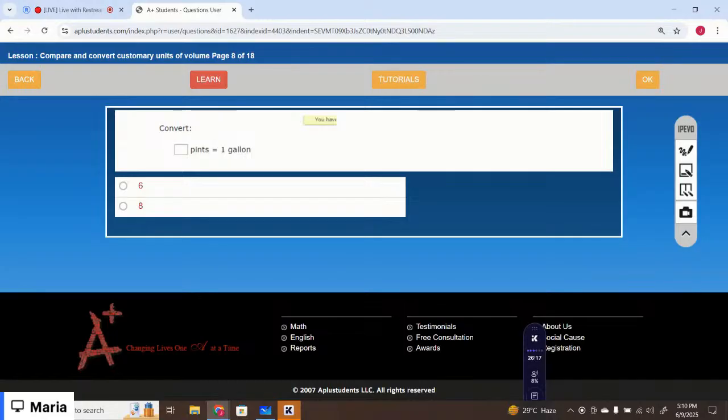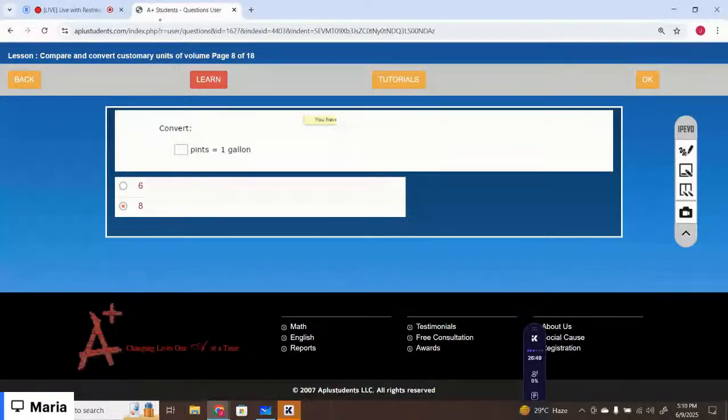One gallon equals how many pints? One gallon equals 8 pints.